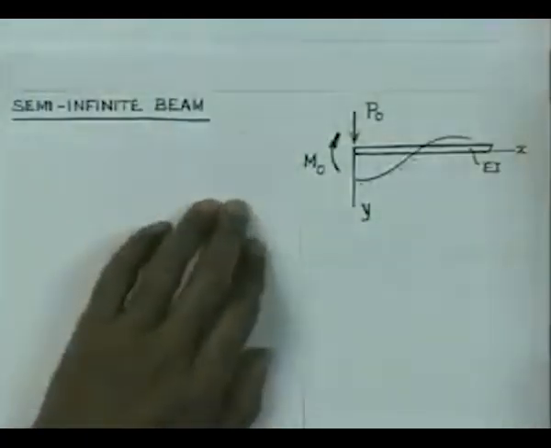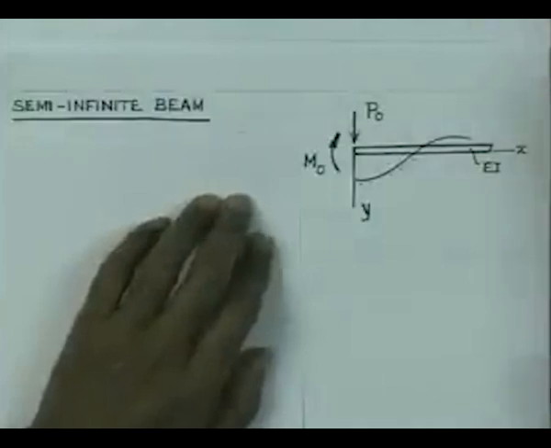Now, we will consider a beam which is semi-infinite. It is not infinite, it is semi-infinite, and we try to see how we can find the deflection, bending moment variation, and also variation of shear force and the slope.